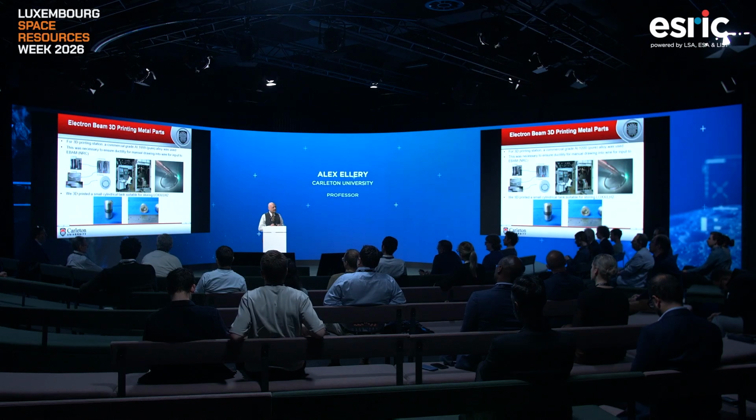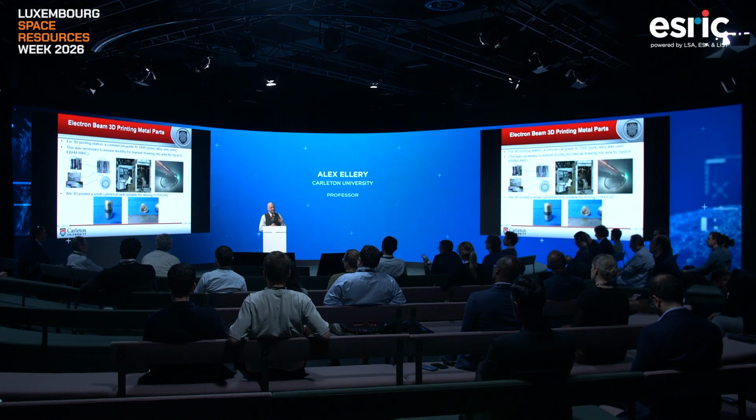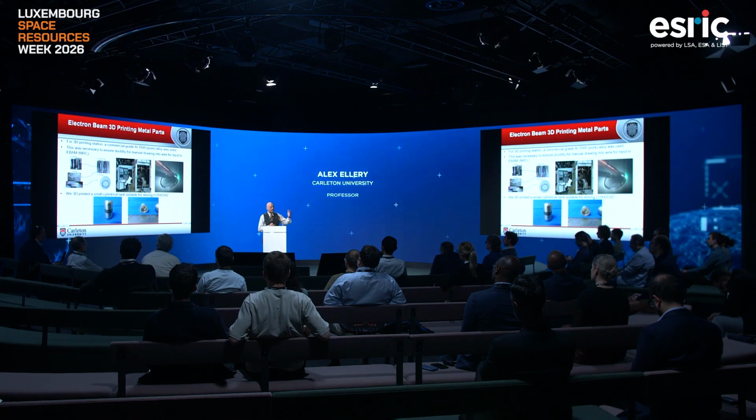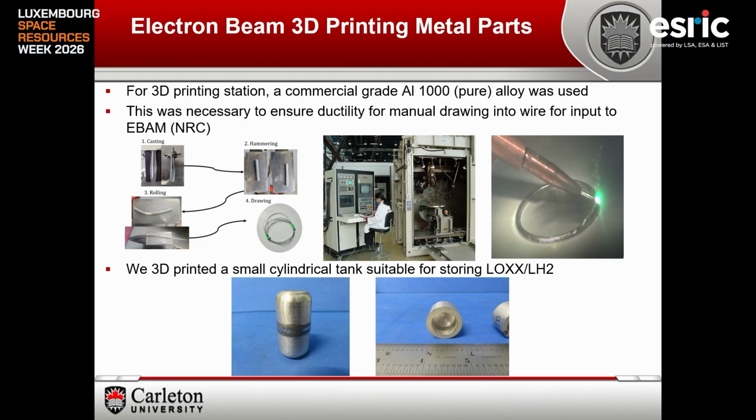We then found that the 95% pure aluminium that was produced was too brittle to draw into wire. I'll be talking later on today about this particular issue. Because we had access to an electron beam additive manufacturing facility at NRC, we took the aluminium and 3D printed it directly into a small cylindrical tank, as you see here.